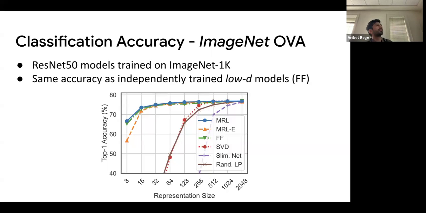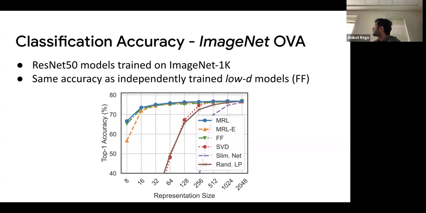We also showed that these last 3 methods here are dimensionality reduction techniques, which do okay at higher representation sizes, but then drop off really badly later on. So if you have an application where you want a 32-dimensional embedding for your task, these things will not do well. You're going to drop off from 75% accuracy to something in the 40s and 50s.